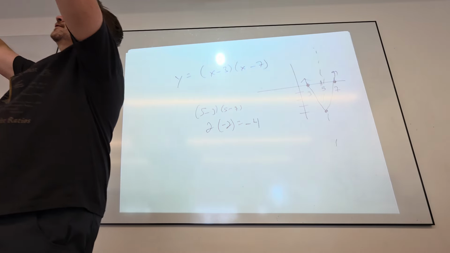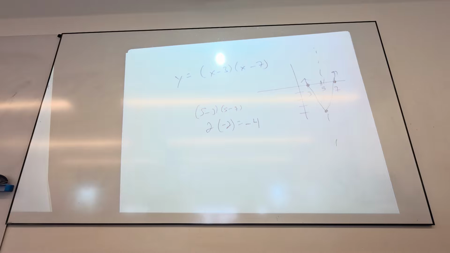Now I'm going to do 2 things. Can you guys take a minute and multiply that y I gave you? Multiply that out. Yeah, FOIL it out. Just do it. Go for it. Multiply it out. The function I gave you. Multiply this out.